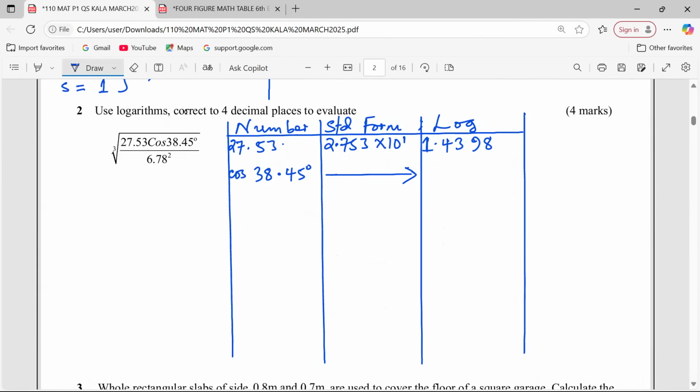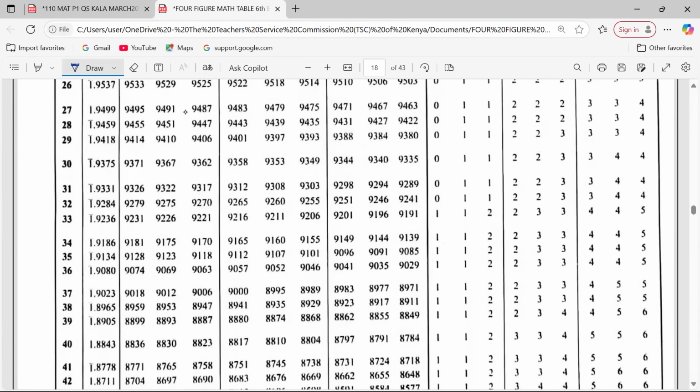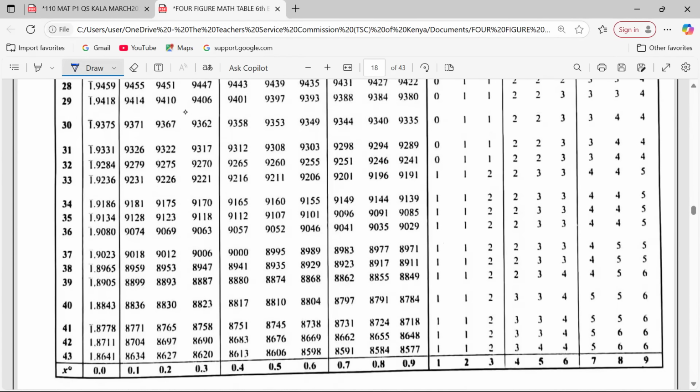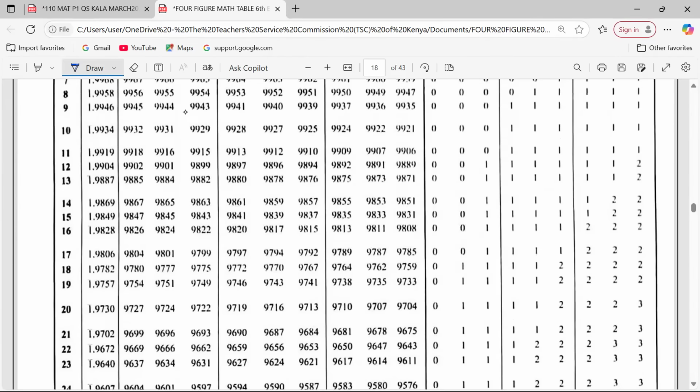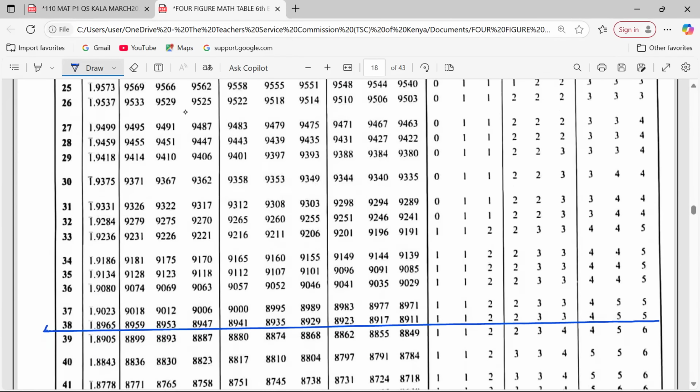38.45. Therefore, now I check the angle side, 38.45. So we identify the row like that. Then the respective columns, 38.45. So at 4, this is what we have.